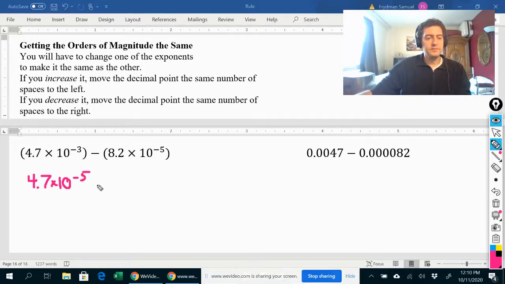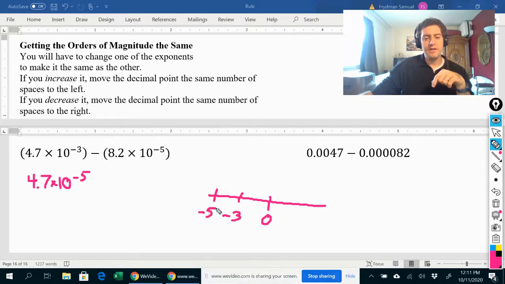Okay, but remember, if we change the exponent, then we're changing the value of the number. We don't really want to change the value. So we need to follow these rules. So going from -3 to -5, you got to be careful. From -3 to -5, did we increase this exponent or did we decrease it? Think of a number line now. Here's -3 on the number line.